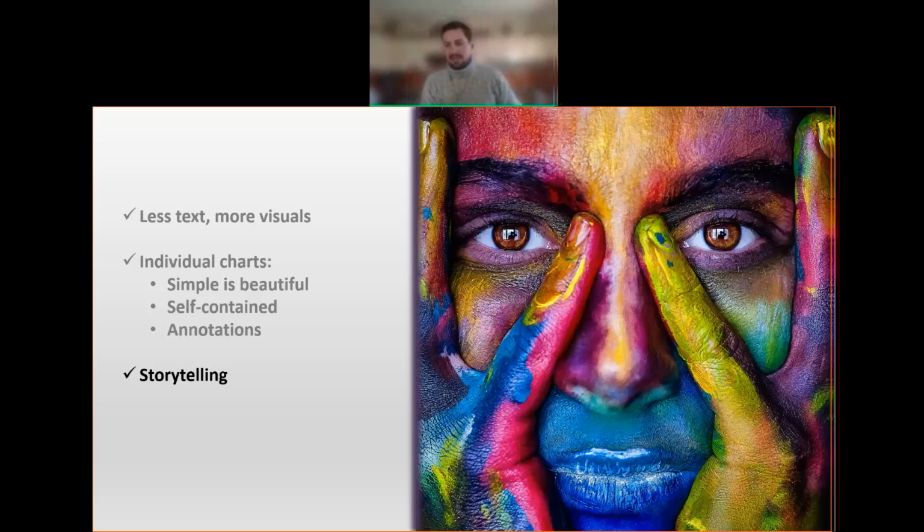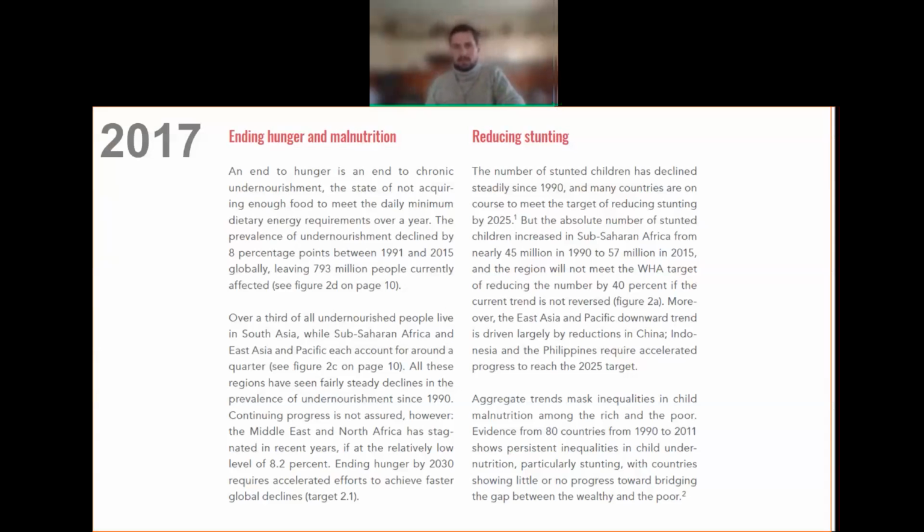So in the 2017 version of the Atlas, this is how storytelling happened. This was mostly through those blocks of prose that I mentioned earlier, and the reason for that is because we had not included any targeted annotations yet in the charts.